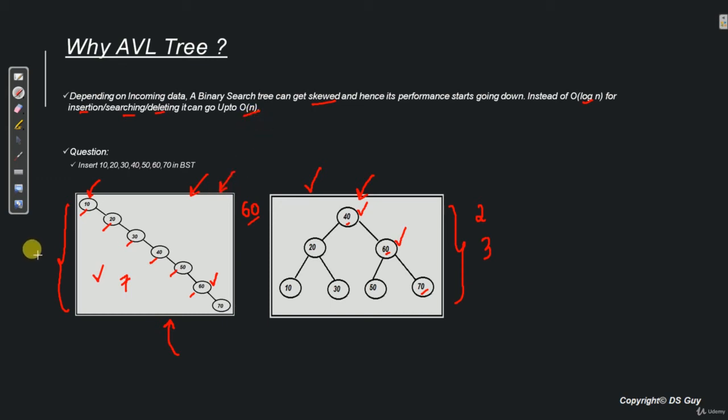So the height of this tree over here is n. So the search operation started taking order of n time. But here the height of the tree is log n. Hence the search operation also is taking log of n time.